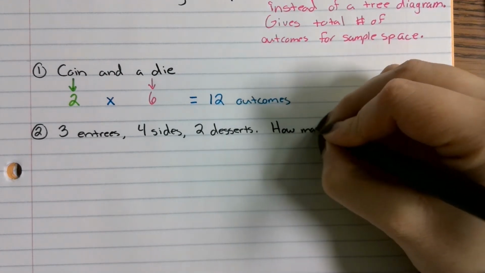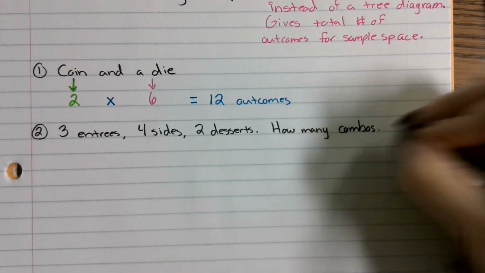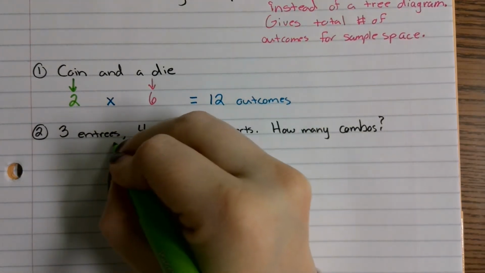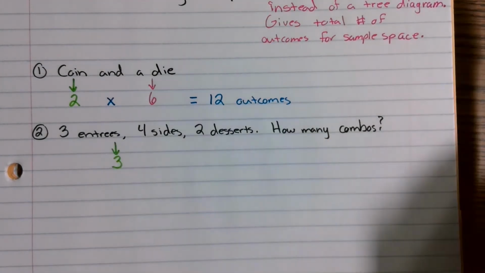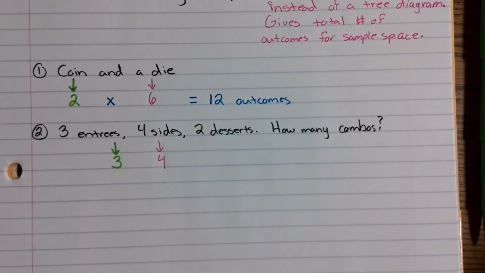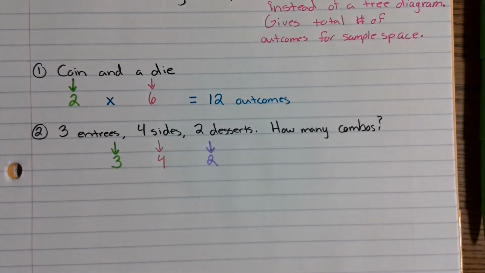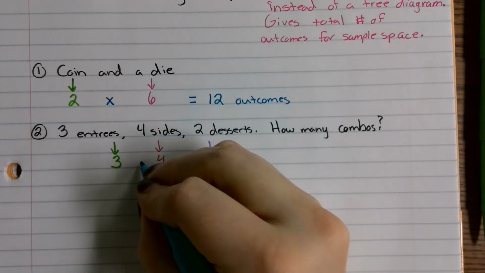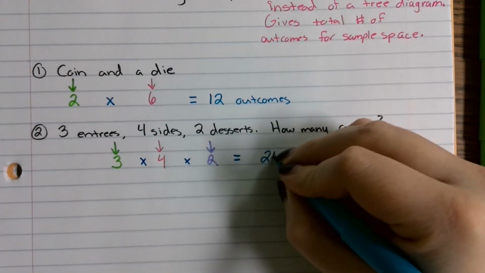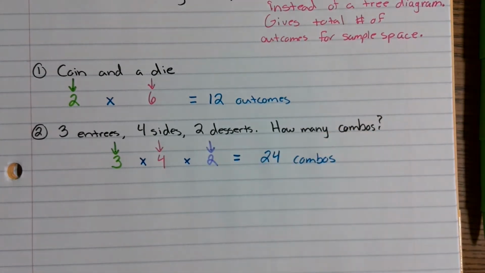So how many combos? Very good. 24, because you have 3 entrees, 4 sides, and 2 desserts. And again, the fundamental counting principle just says you multiply those together. So that's 24 combos that you could create, or outcomes.